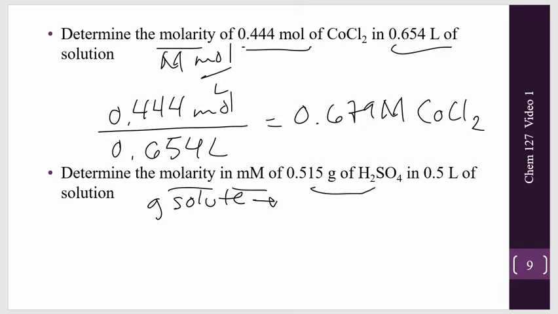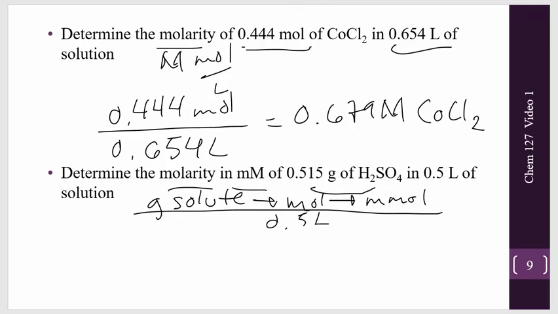We want to get into moles of the solute and then millimoles for the numerator. The denominator is just liters, so 0.5 liters. In this case, we have 0.515 grams of H2SO4, our solute for this particular solution.